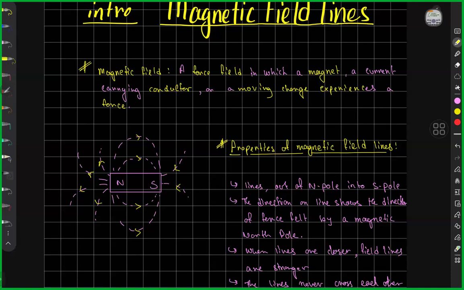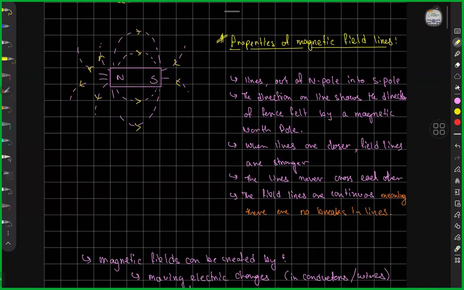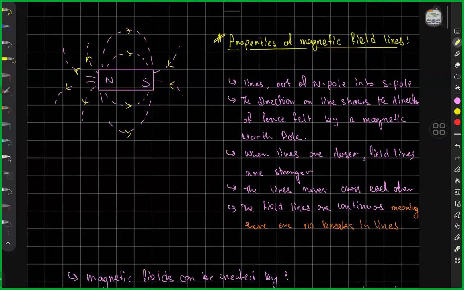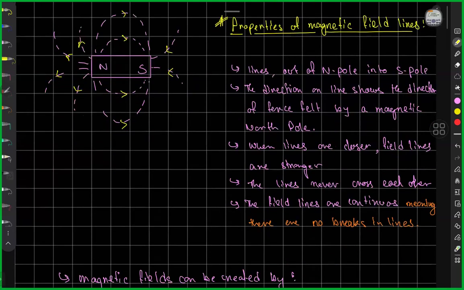Simple. What are the properties of magnetic field lines? Let's see. When you have a typical bar magnet, field lines go from the north to south, always. Now you guys probably know how to draw field lines, but always outward and curved. This one can be straight over here, outward and straight, perpendicular to the pole.